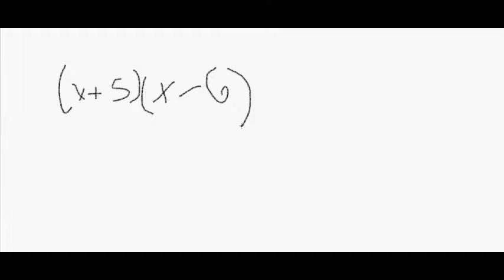Next problem is we have the FOIL method. Let's say we have x plus 5 times x minus 6. We have to use the FOIL method: first, outer, inner, last. Let's do first. X times x is x squared.